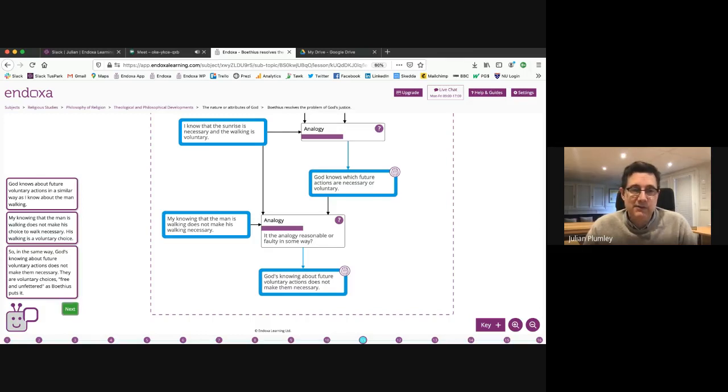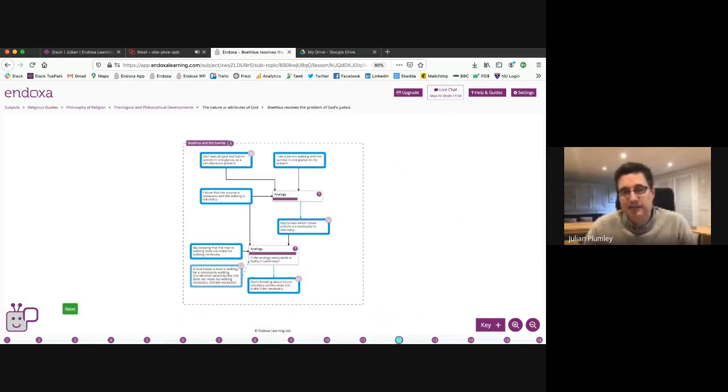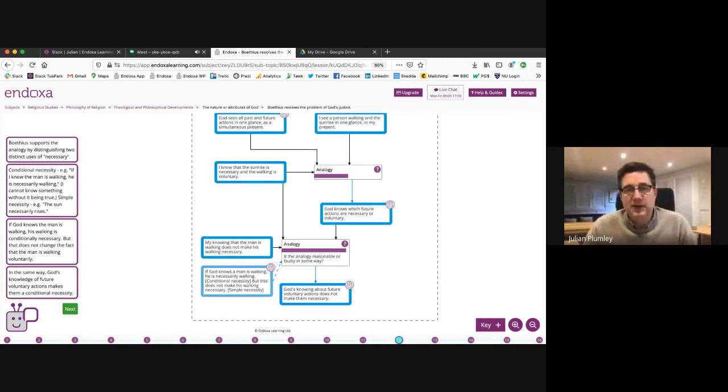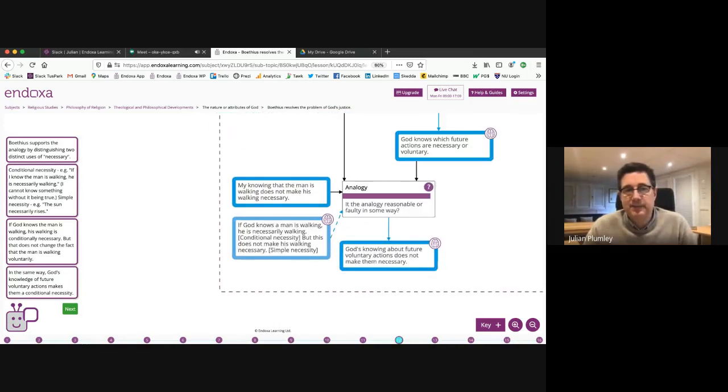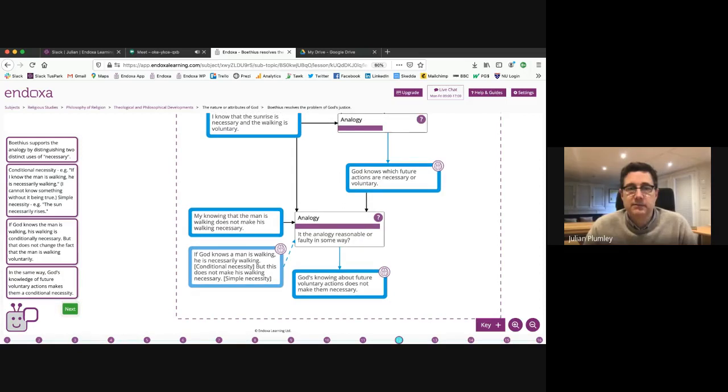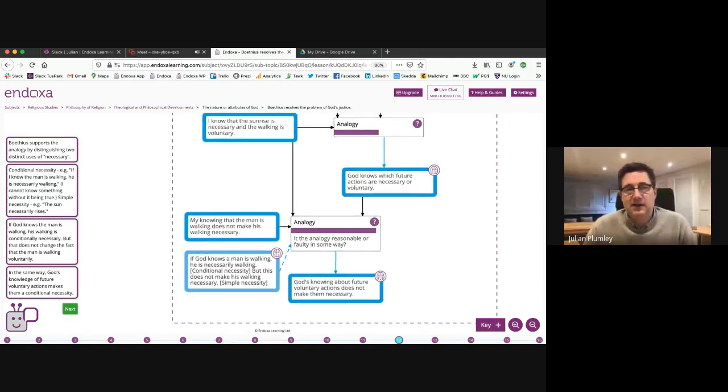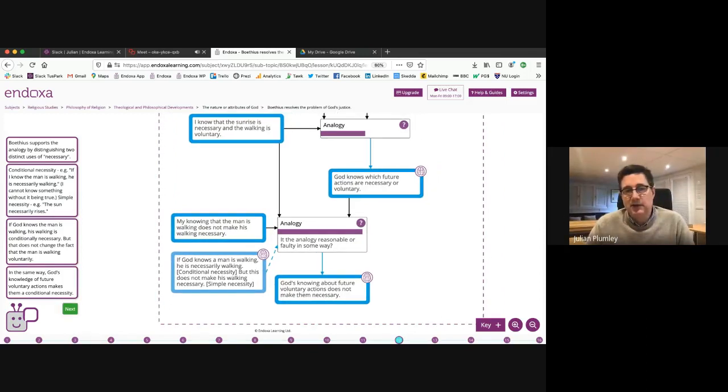He actually goes a little bit further. So he decides to support this argument further by adding, we've put it in here as an evidence statement, this one, where he makes a distinction between two kinds of necessity. So if people argue back, but if God sees it, it's necessary.